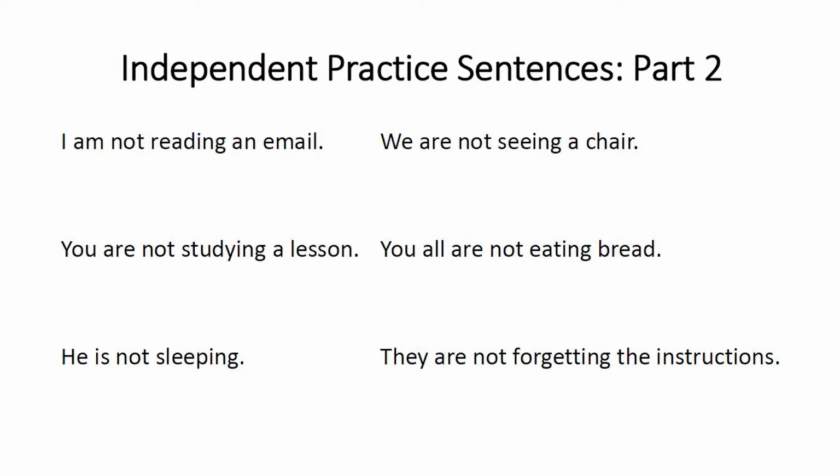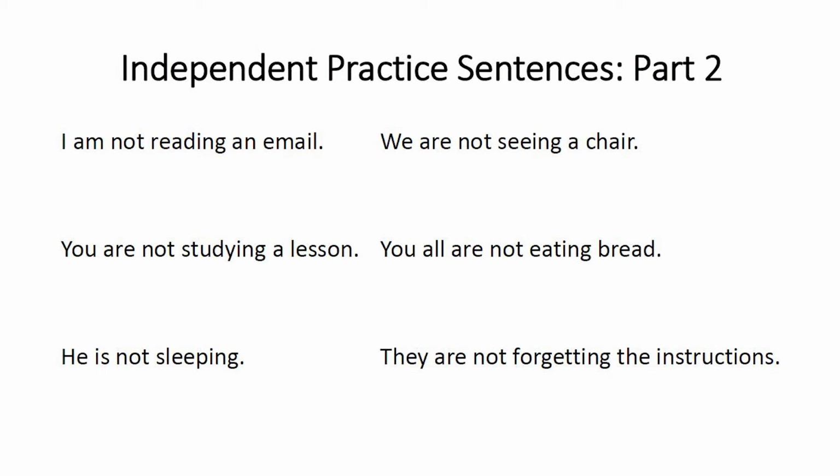Now, your first set of practice sentences, which you'll do on your own, indicated that you are reading an email. But now you're going to put these sentences in the present tense negative. So now you're not reading an email. The first sentence in independent practice sentence part 1 said, I am reading an email.